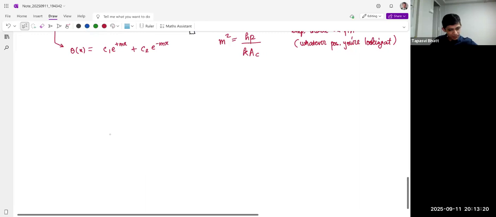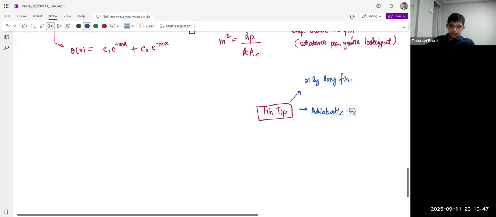Now there can be a few cases. What's happening at the fin tip? Now is when we are discussing this. Fin tip, there can be multiple cases. One is that there is an infinitely long fin. Second case is an adiabatic fin tip.